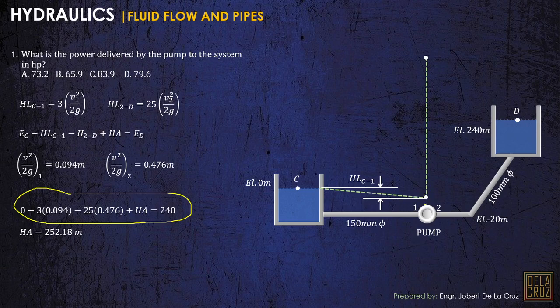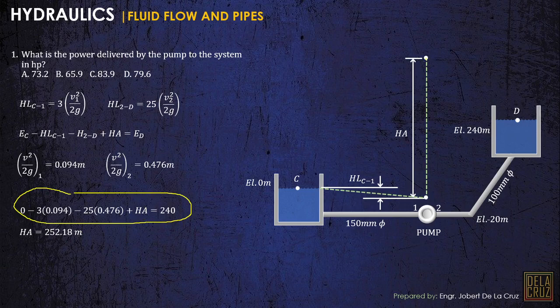Actually, hindi naman talaga siya straight line. May konting slope yan, but that is negligible in the drawing, no? So, we have here head added, that is 252.18. Supposed to be yung arrangement talaga dyan is andito yan. But, of course, hindi na yan magmamatter sa equation natin. From here to that, plus head added.